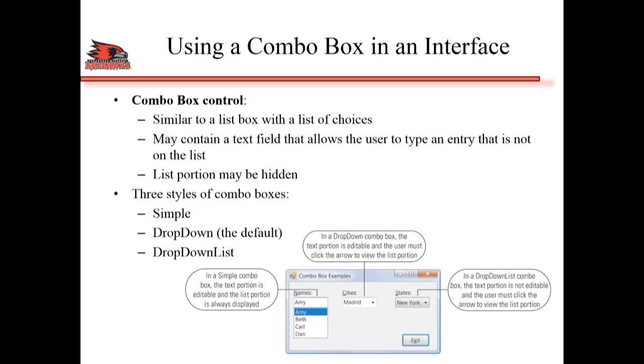Now, in the combo box, the list portion might be hidden, and that's why there's the drop-down arrow. And basically, there are three general styles of combo boxes. The simple one is where all the list items are shown, but there's also the text box right at the top of the combo box.